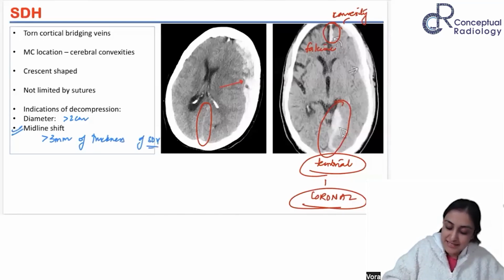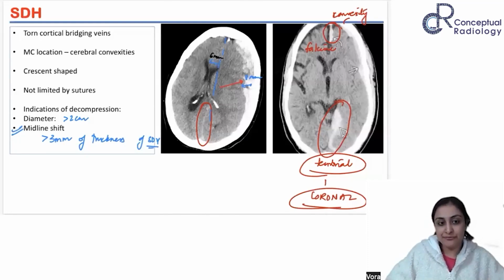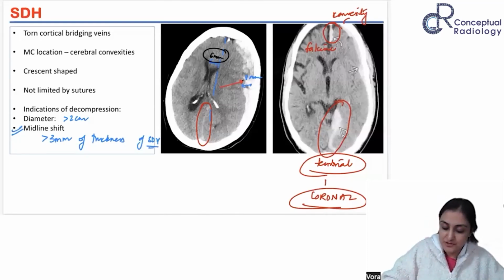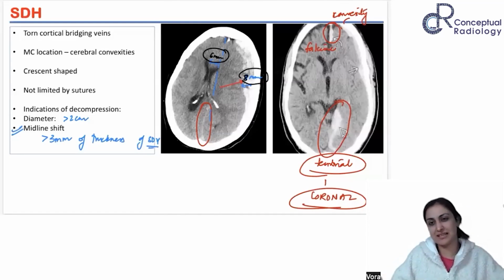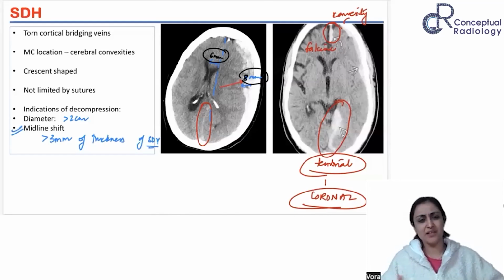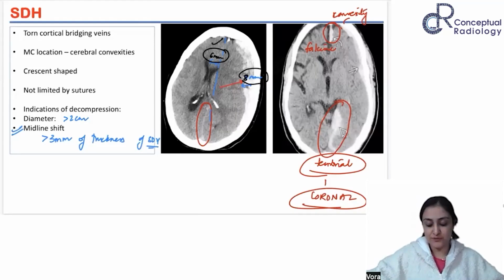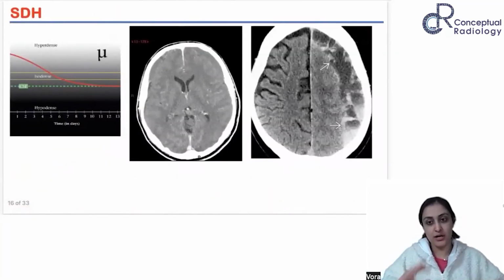That if my SDH diameter, let's say this SDH diameter is 8 millimeters, and the midline shift that I am having here is 6 millimeters, then it is not significant. So if the midline shift is 3 millimeters more than the diameter of this, then it is significant. It's just theory, but something that you may want to know. So in such cases, you just report what the midline shift is, what the diameter of SDH is. That is the takeaway here, that always measure the diameter, always measure the midline shift, right?